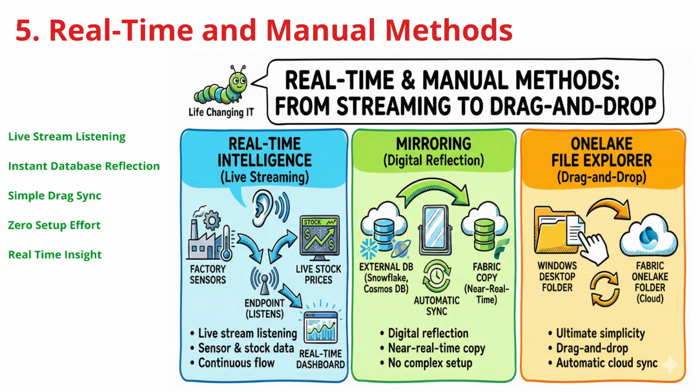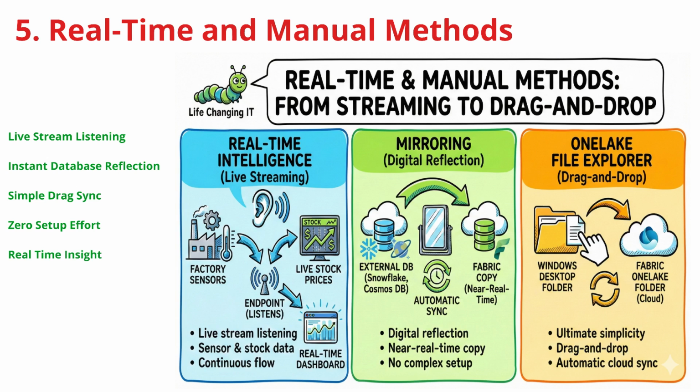Next is mirroring. Think of this as a digital reflection. It automatically creates a near-instant copy of your external databases, like Snowflake or Cosmos DB, directly inside Fabric. There is no complex setup or coding. Your data just stays in sync effortlessly. Finally, for the ultimate simplicity, there is the OneLake File Explorer.